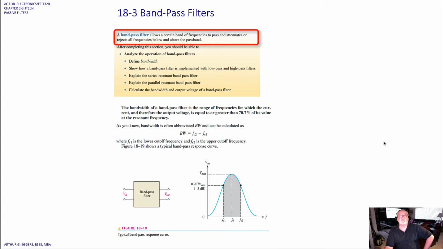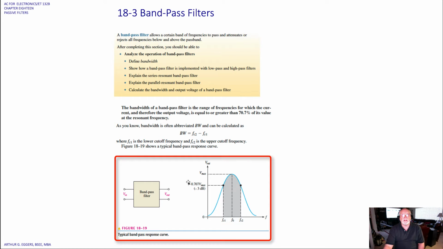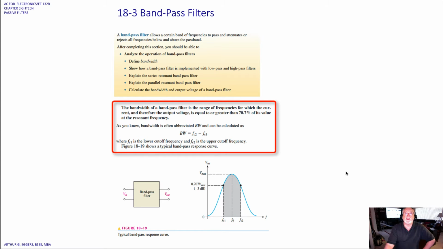A bandpass filter allows a certain band of frequencies to pass and attenuates or rejects all frequencies below and above the pass band. So if we look at the examples below, again, the block diagram and then the waveform of the upper and lower and our center frequency, the bandwidth of a bandpass filter is the range of frequencies for which the current and therefore the output voltage is equal to or greater than 70.7% of its value at the resonant frequency.